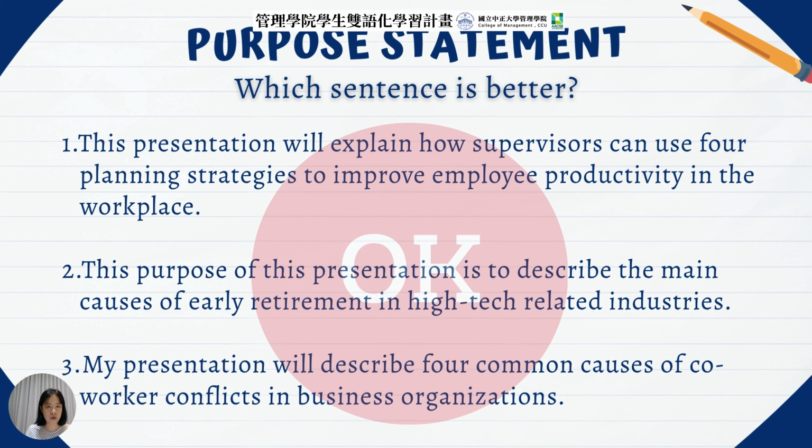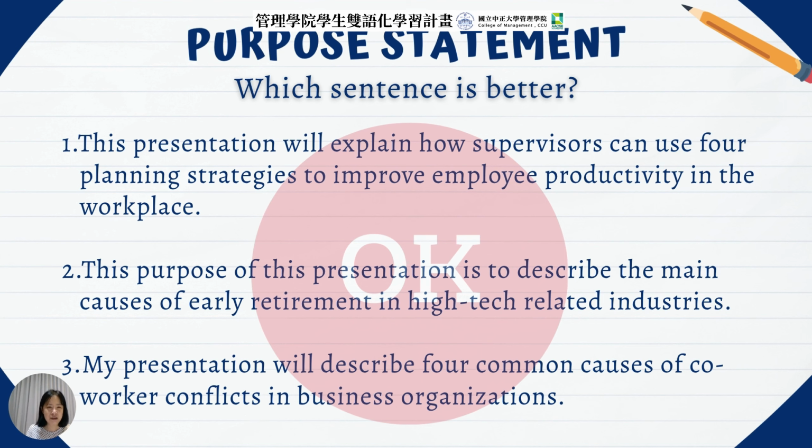And sentence number 2, as an audience, you will know that the speaker will be talking about the main causes of early retirement, especially in high-tech related industries. And on number 3, if you are an audience, you will be able to know that the speaker will be focusing on 4 common causes of co-worker conflicts, especially in business organizations. So basically, these 3 purpose statements are all very well organized.